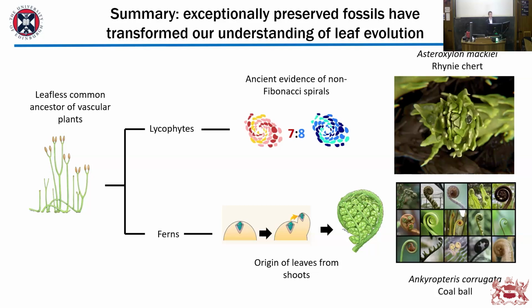In contrast, in the ferns, we get the origin of this unique structure, the fiddlehead. What we were able to demonstrate is that this was likely through a modification of a pre-existing shoot with a tetrahedral cell. Taken together, that begins to unpick what fossils can really display about how spirals were evolving and have changed through time.